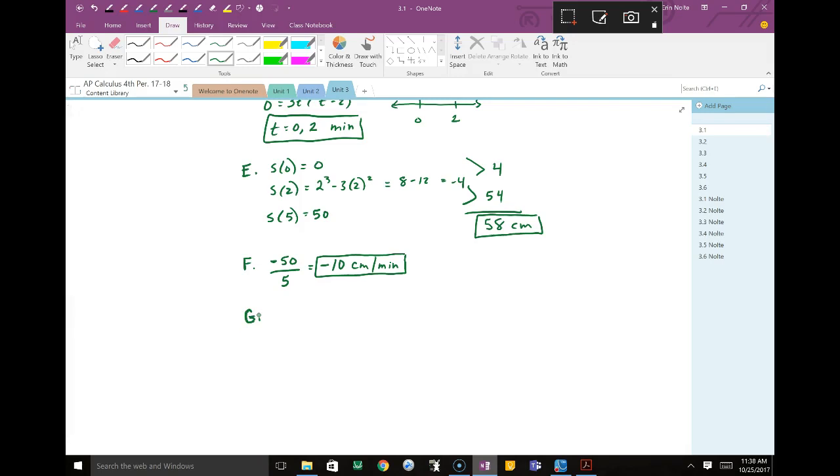Total distance was 58 over our elapsed time. What's that? 58 divided by 5. 11 point, yeah, 11.6 centimeters per minute. Interesting.